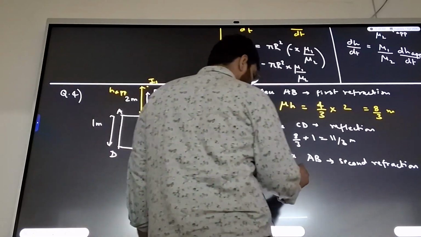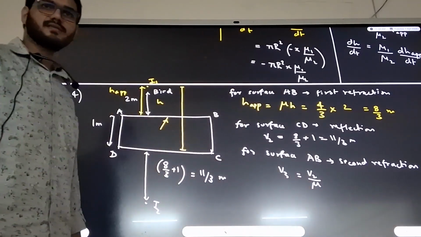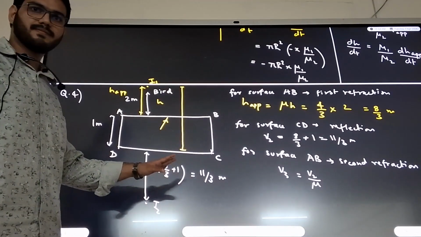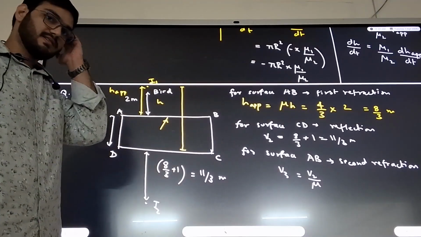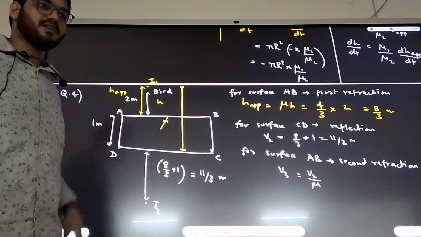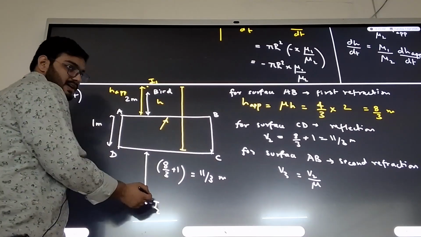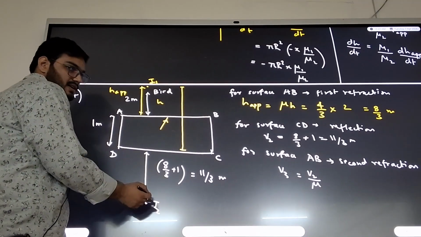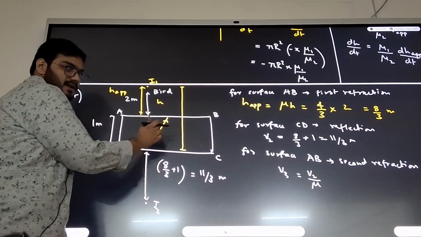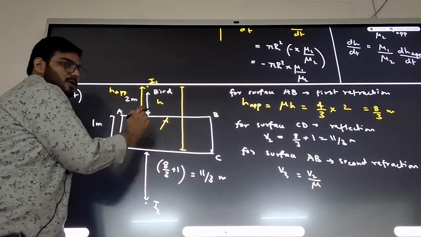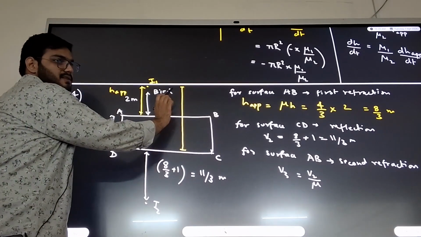So V3 is what now? Can you tell me? It's V2 by mu. This is what you told me, na? Multiply or divide? Divide. Look at the cases properly. This virtual object can be considered as put in the denser medium because the rays are in the denser medium. They are going to hit like this.